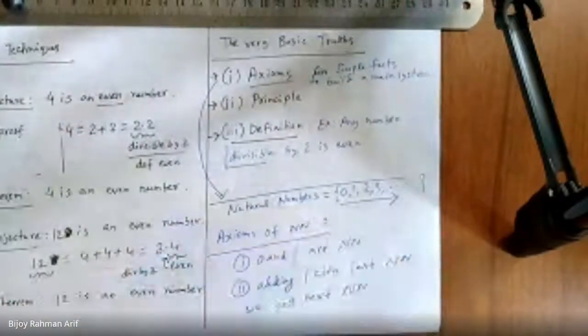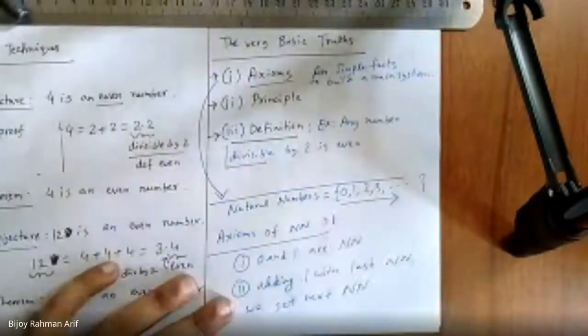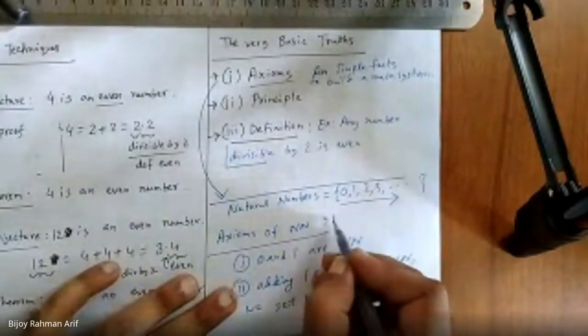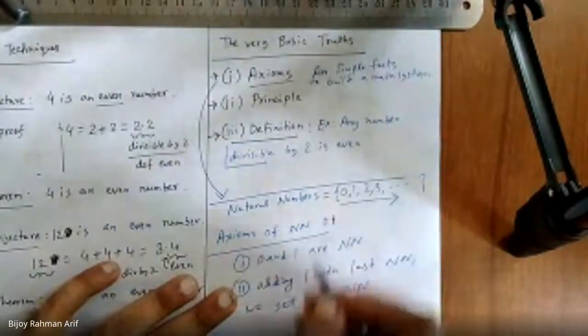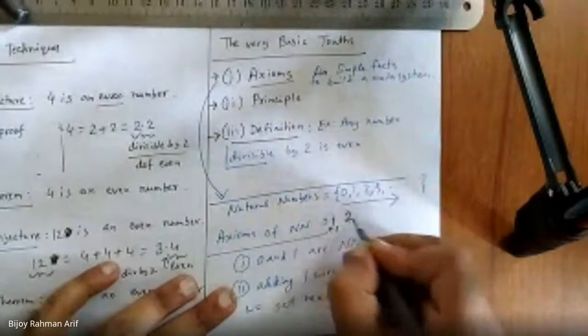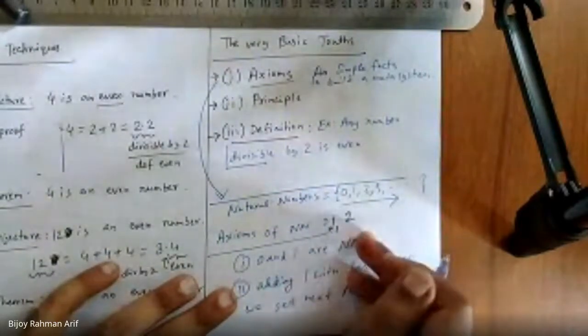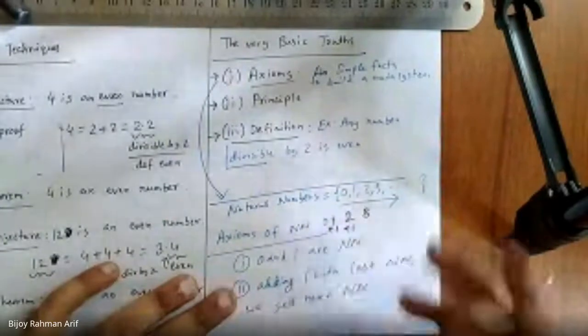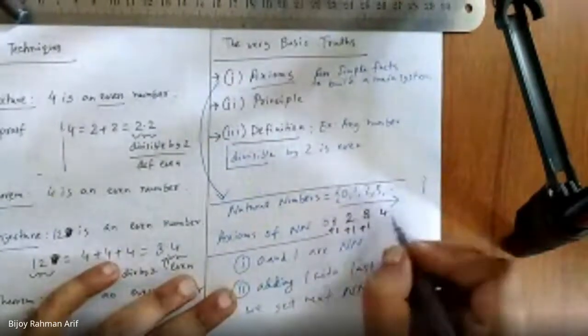Yes, sir. Yes. So 0 is a natural number, then 1 is a natural number, we add with the last natural number. So 1, we add another 1, we get 2, the next natural number. We then add another 1, we get 3, the next natural number. We can add 1, we get 4, the next natural number.